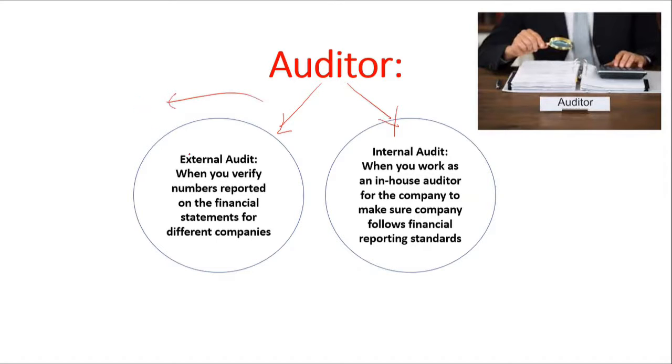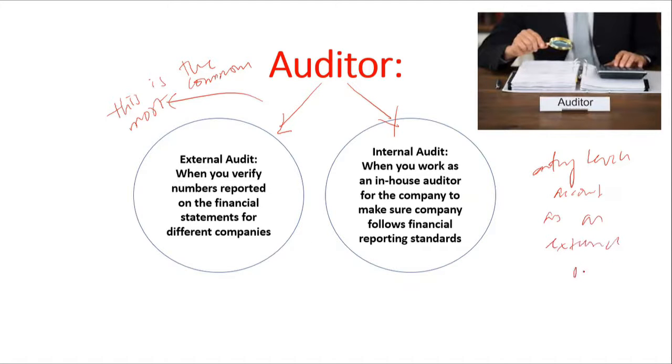External auditing is the most common. An entry-level accountant usually starts as an external auditor. When you work in external auditing, you basically verify the numbers reported on the financial statements.